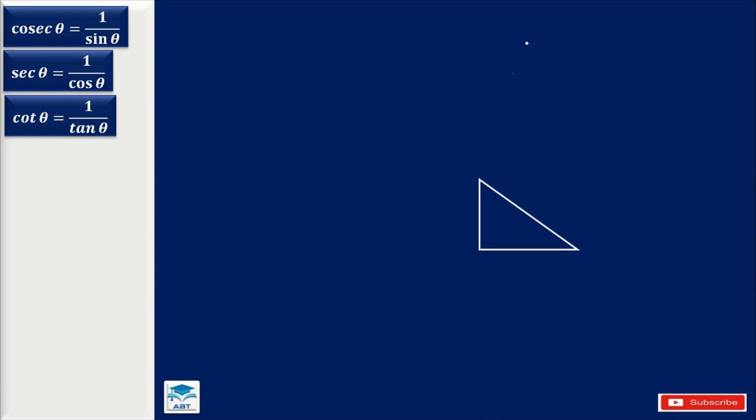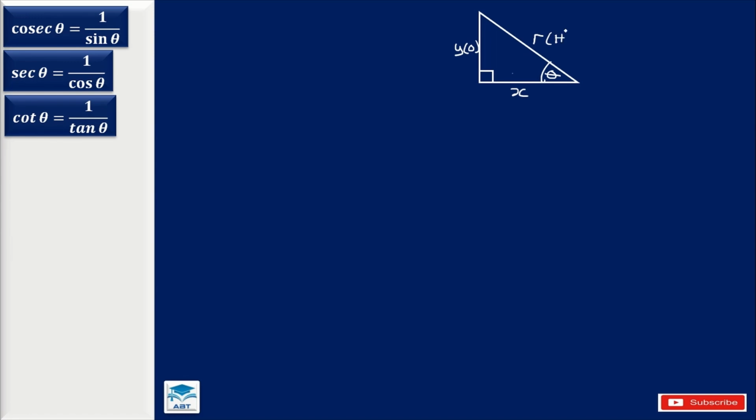Consider this right angled triangle. Let's name here x, here y, and here r, and put an angle here theta. Where the angle theta is facing is always the opposite, and where the 90 degrees is facing is the hypotenuse.